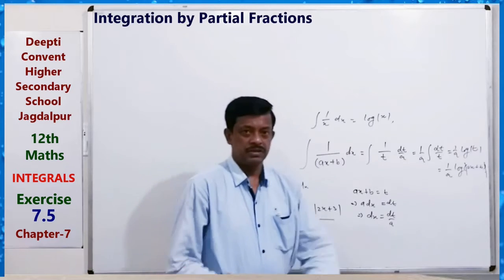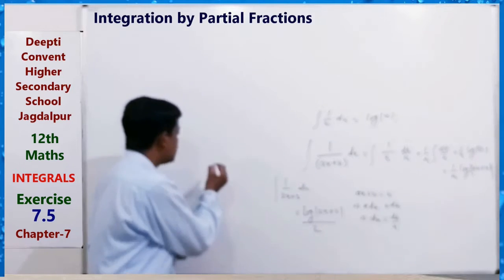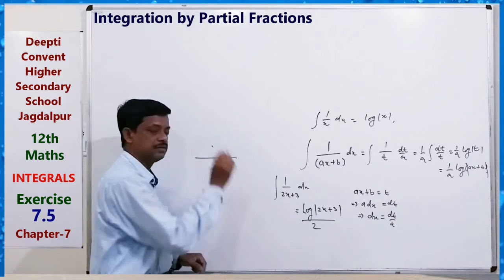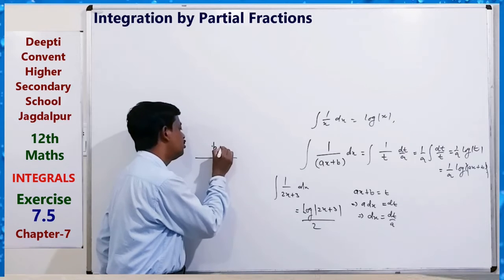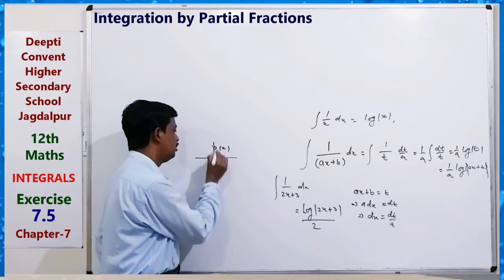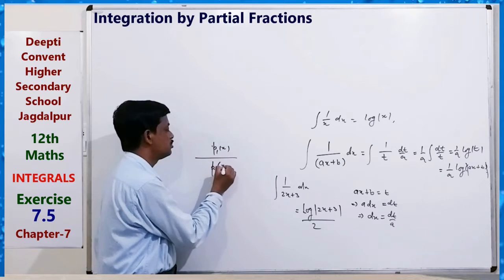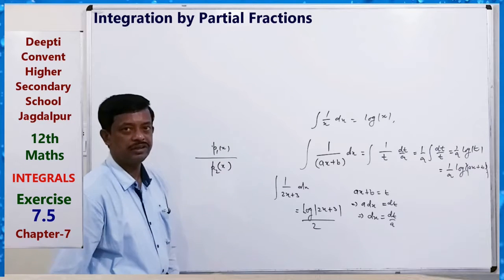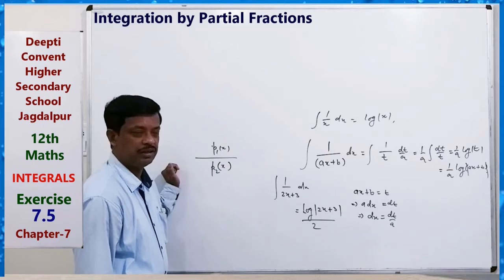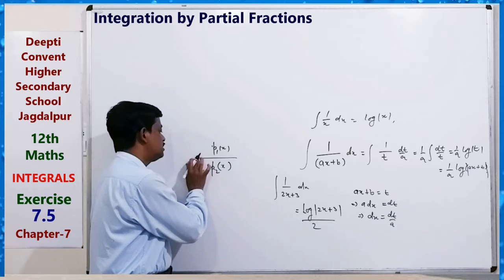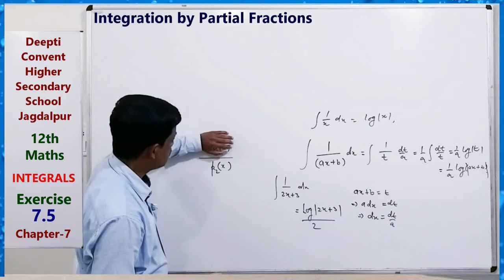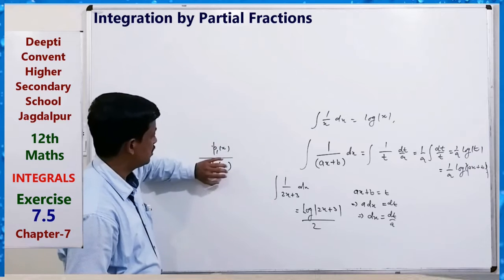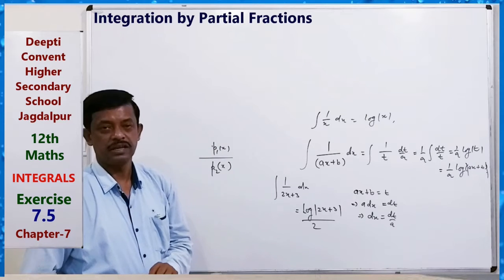So now suppose we have a rational function. A rational function means a function where the numerator has a polynomial and the denominator also has a polynomial in the variable. The numerator is a polynomial in x, the denominator is also a polynomial in x.